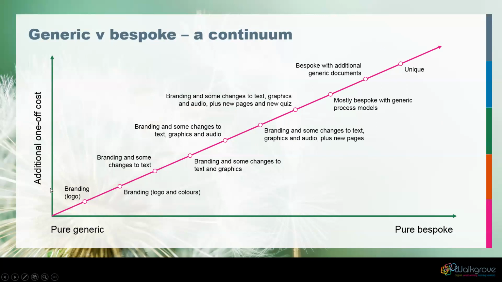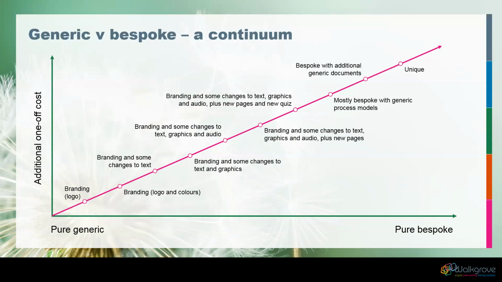Most courses down in the pure generic section might offer you branding for a logo, for example, or maybe logo and your organization's colors. Some will go a little bit further. You might be able to have some text changes and maybe even some changes to text and graphics. Then as you get further towards the bespoke, you'll get changes to text, graphics, and audio.